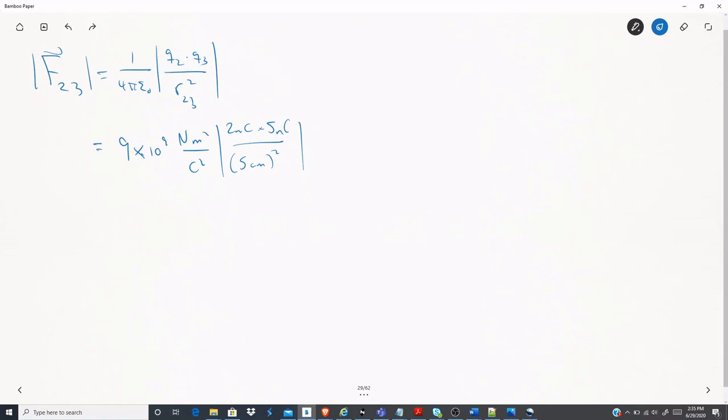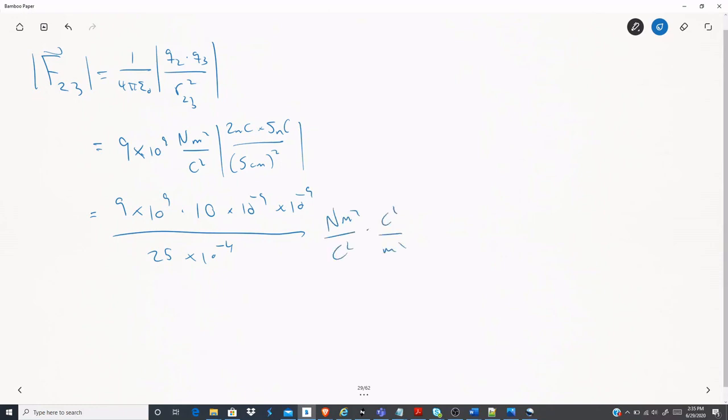All right, so next step. I'm going to have 9 times 10 to the 9 times 10 times 10 to the negative 9 times 10 to the negative 9 divided by 25 times 10 to the negative 4 newton meters squared per coulomb squared times coulomb squared over meter squared.